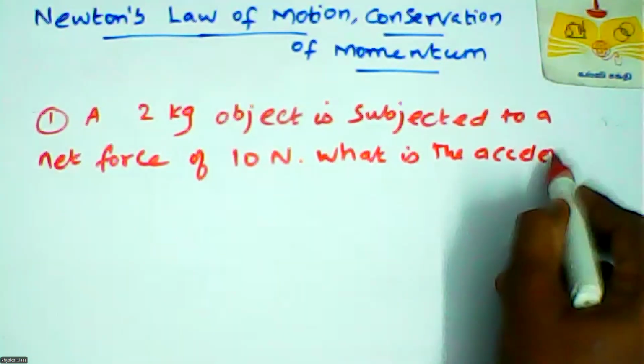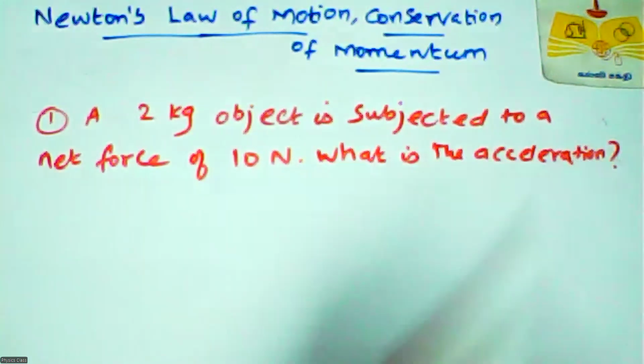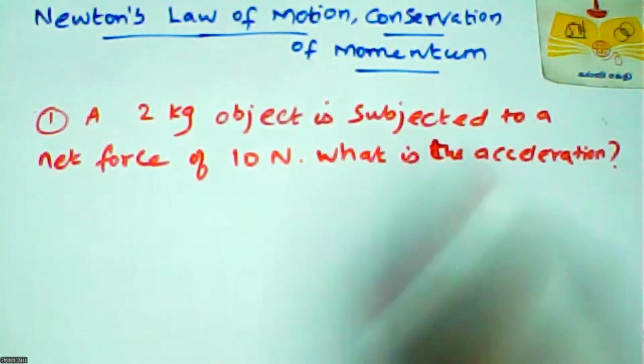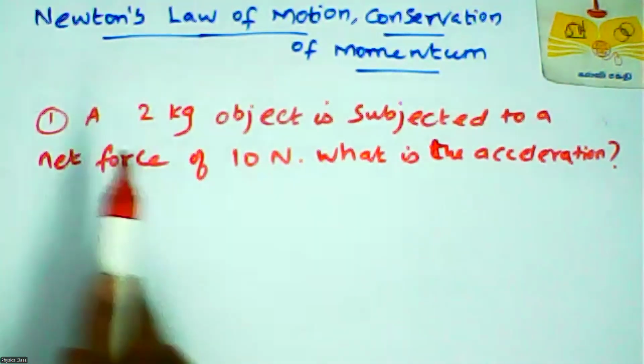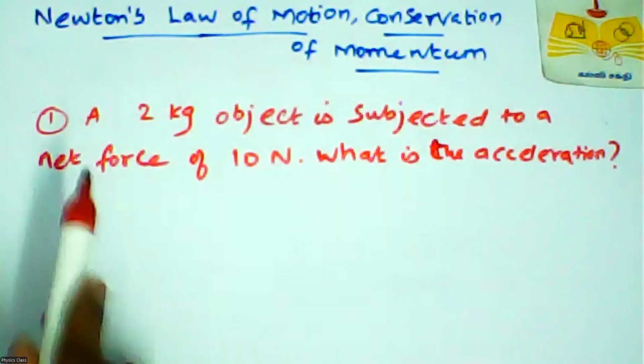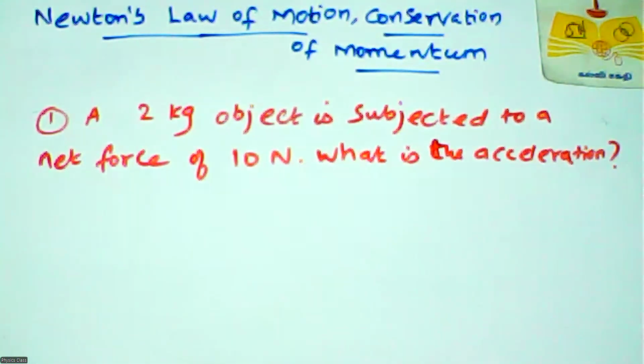If you know the answer, please unmute yourself or type in the chat box. A 2 kg object is subjected to net force of 10 Newton. What is the acceleration of the object? Anybody? Very simple problem. You have 2 kg mass and force 10 Newton. Then what is the acceleration?